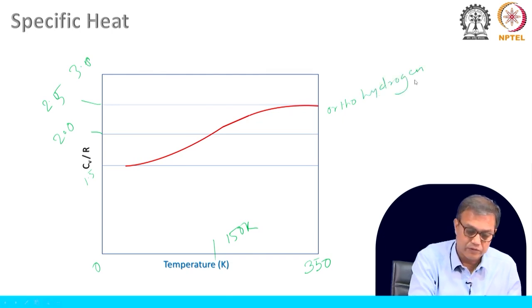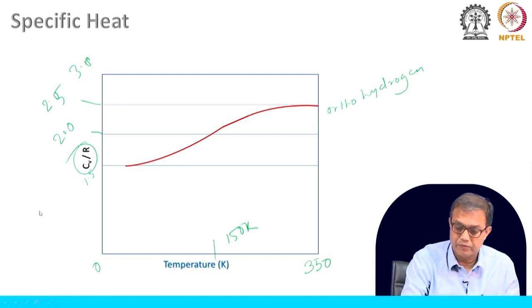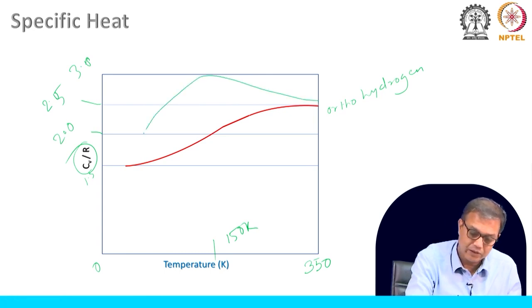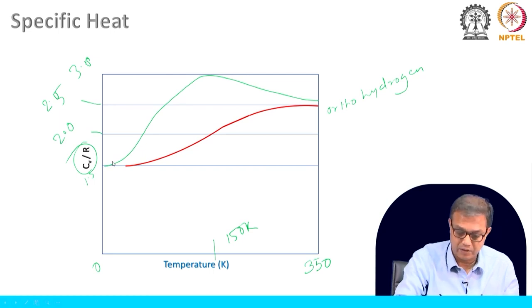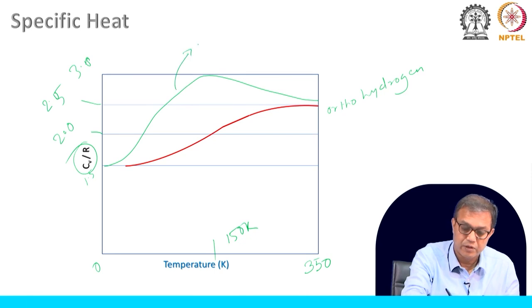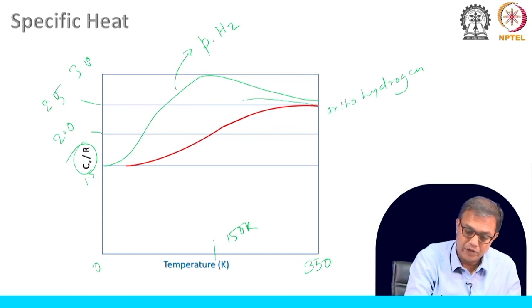This orthohydrogen CV by R ratio will be like this. If you look at the parahydrogen, you will find it is something like this, coming around say 150, and it will be something like this. This is for the parahydrogen, and on this side the normal hydrogen would be in between.